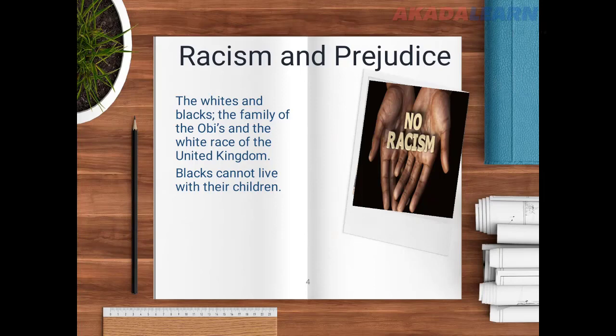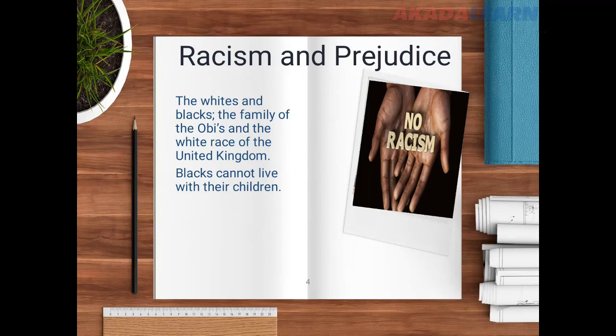You had the whites being unfair to the blacks because of their color. They felt inferior. The whites were feeling superior. We had instances where the blacks would not be able to go to certain places, attend certain functions because of their skin color. The blacks were seen as second-class citizens.